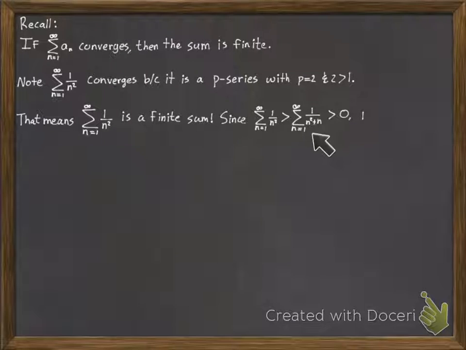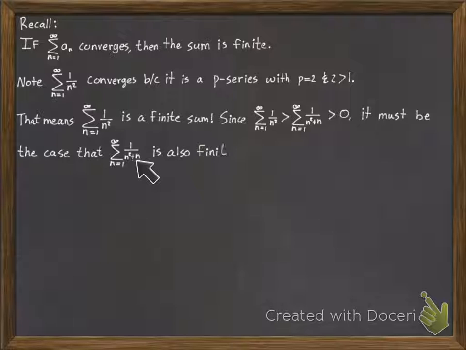I'm just throwing that in so we remember that we're dealing with positive things here. Since the 1 over n squared series is bigger than my 1 over n squared plus n series, and it converges, so it is finite, that must mean that this other series, 1 over n squared plus n, must also be finite.